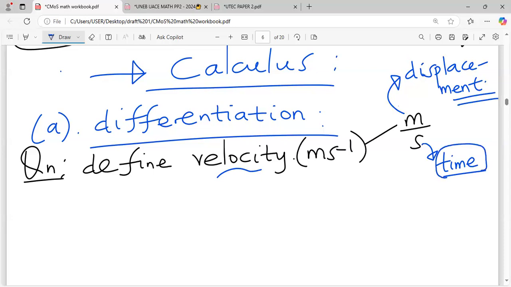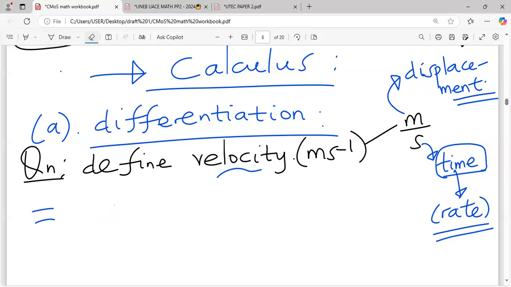And you all know that time is a quantity they can use synonymously with the word rate. Every time they say rate, you think of time. And you know displacement means change from one position to the other. That's why a friend is telling us that actually velocity is the rate.